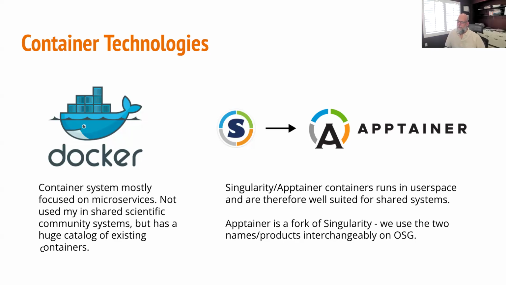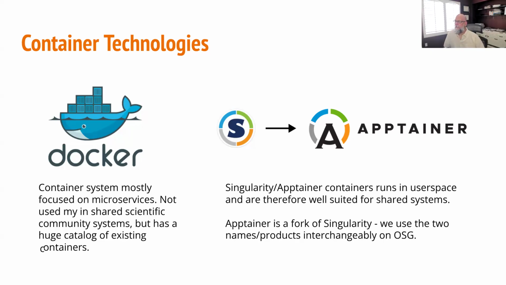So instead, what we're seeing is the Singularity and Apptainer ecosystem. Apptainer is a fork of Singularity, so they're basically the same thing. The commands are almost the same. They have some small technical differences, but most of the time we can use the images interchangeably between the two.